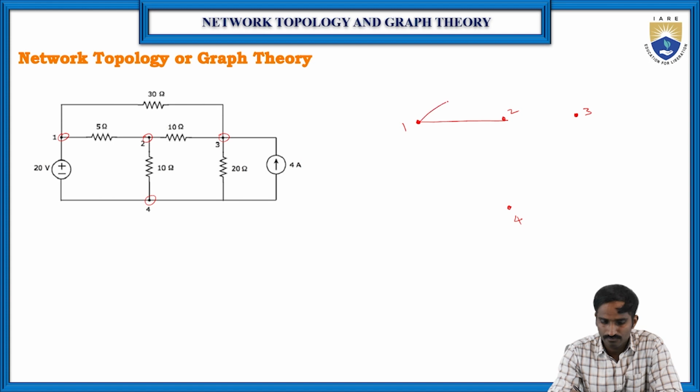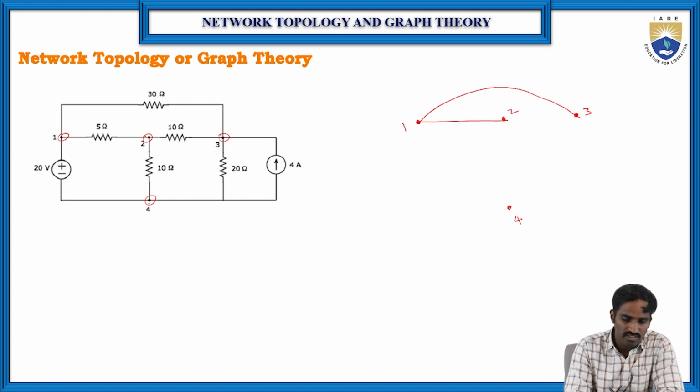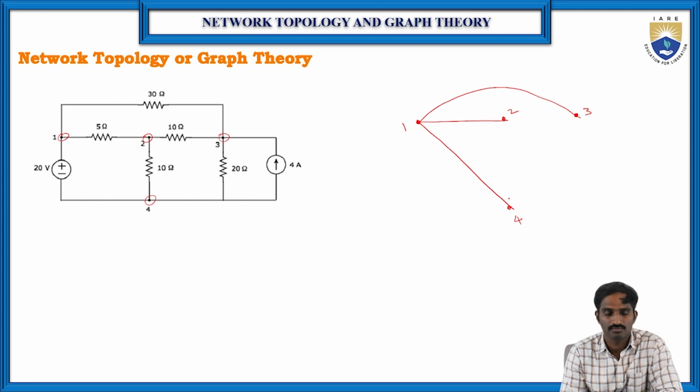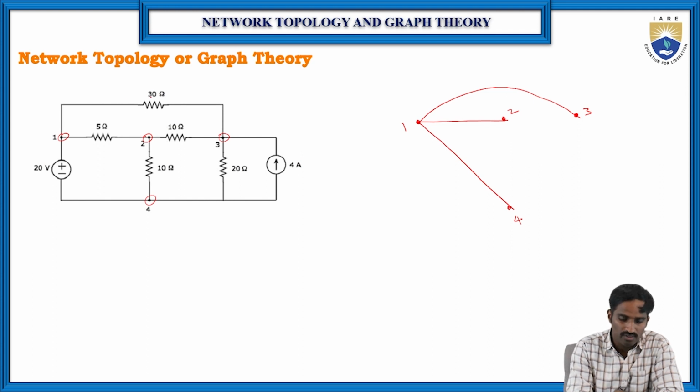Next, between 1 and 4, there is a voltage source, and this voltage source can be replaced with a short circuit.